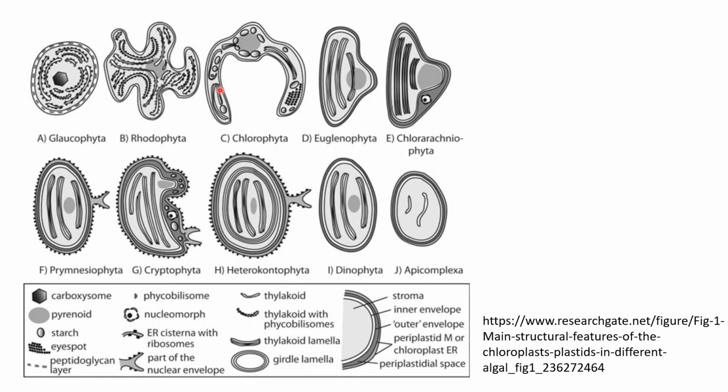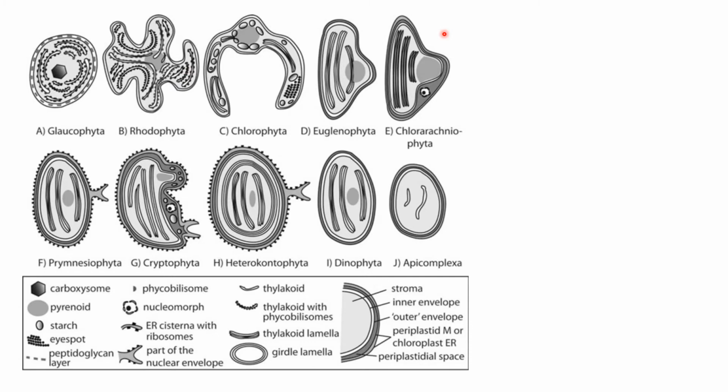So, aside from thylakoid, meron ding carboxysome, this one. So this carboxysome, common din to sa cyanobacteria.